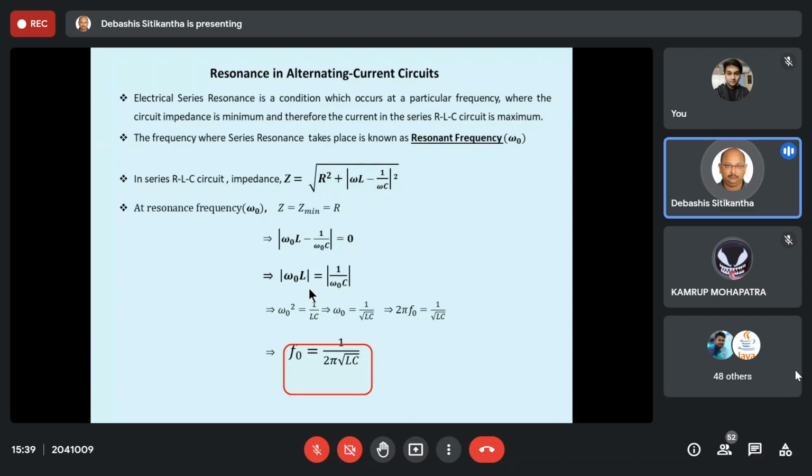So the first time you heard about resonance is when you were studying your 11th class mechanics paper. Over there, when you were studying oscillations, there was a particular case where you first heard about resonance.